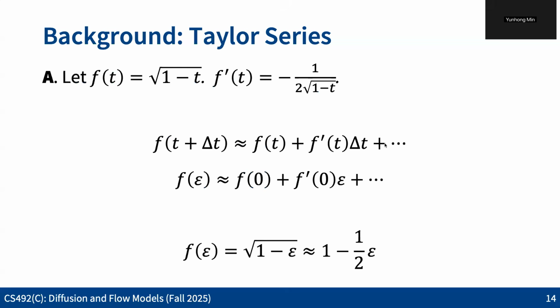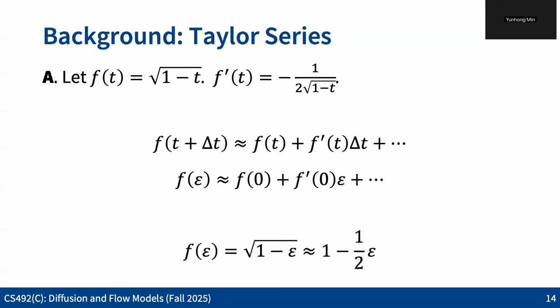Did everyone get something like this? Let me know if you find some typos here. Using the Taylor series, if we take the first order approximation for this term, without the root, then we can compare this, right? So these are some basic things.